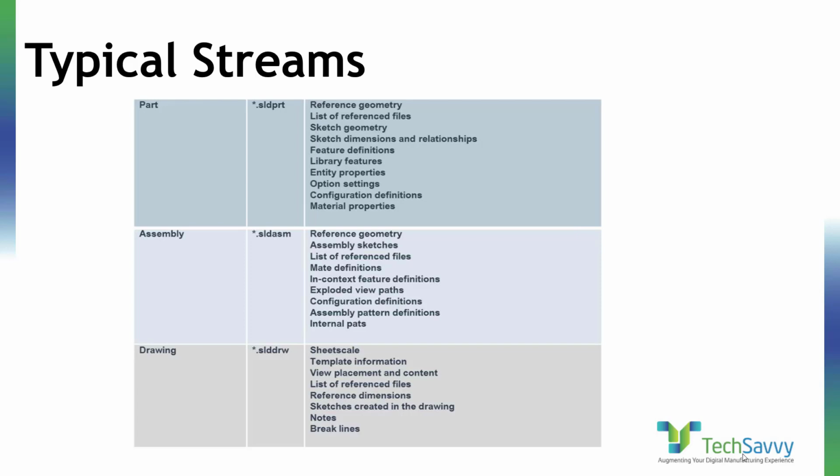And in a drawing you will also find the scale, sheet scale, template information, view placement and content, list of reference files, reference dimensions, sketches, notes, revision lines. So these are some of the typical things you will find in the three elements, whether you may be working in a part, in an assembly or in a drawing.